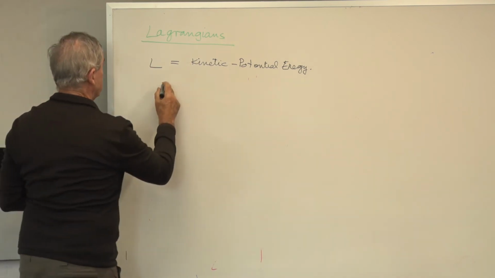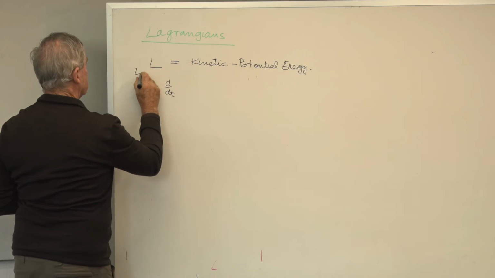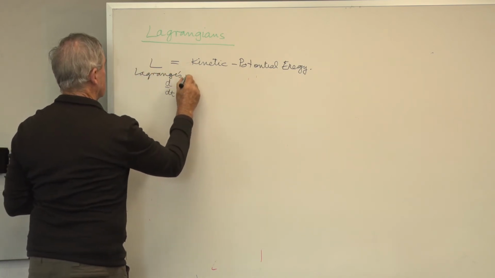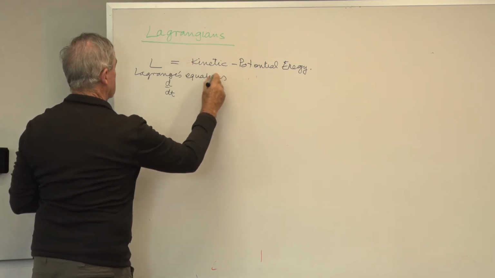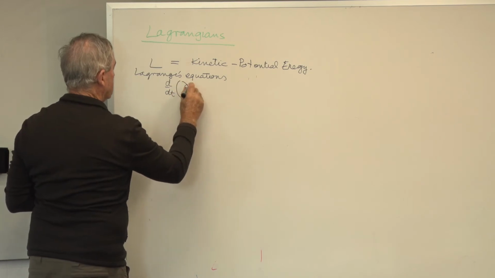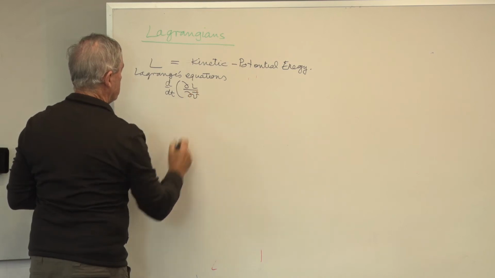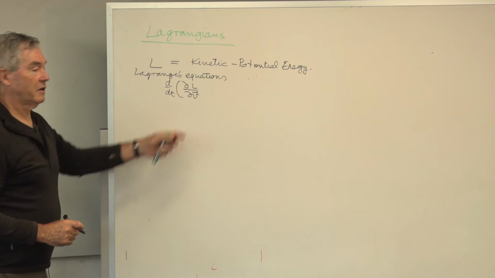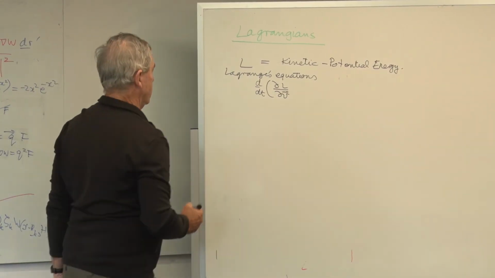The equations of motion, so Lagrange's equations, are d/dt of dL with respect to v_A, actually I've written it with respect to a vector here, but you have one equation for each vector component.